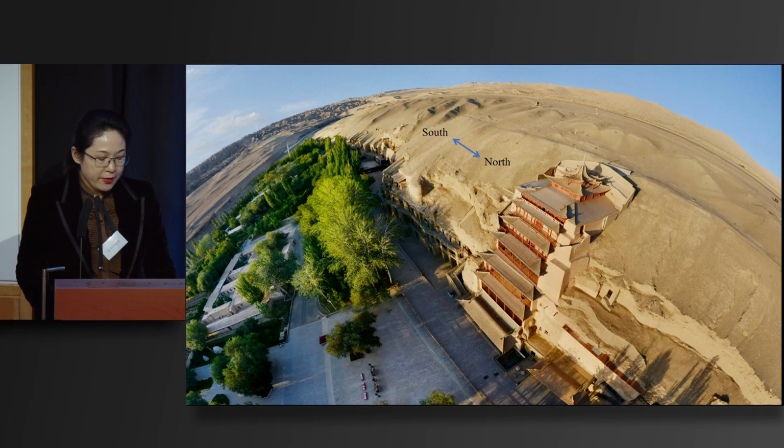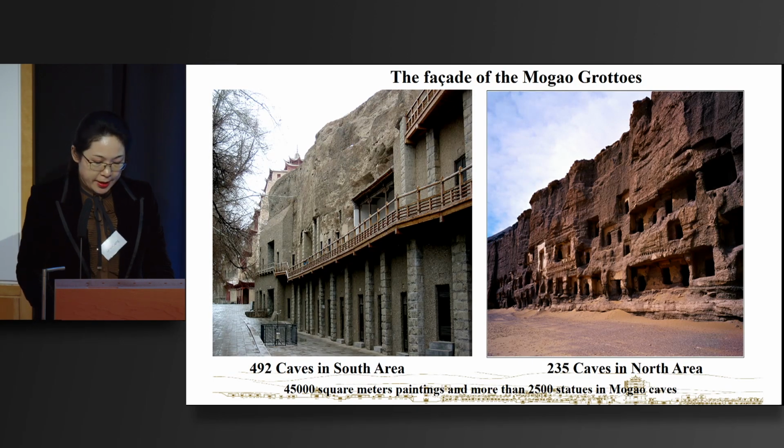We know there are a total of 735 caves scattered on a cliff about 1.6 kilometers long from south to north. There are 492 caves in the south area and another 235 caves in the north area, but no decoration or statues in the caves of the north area.